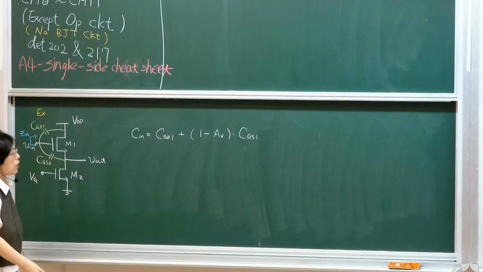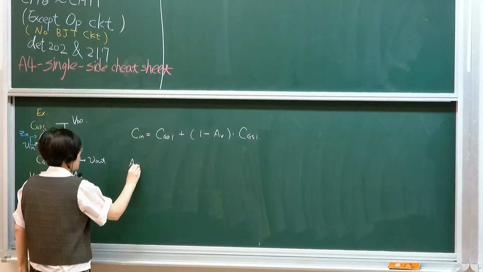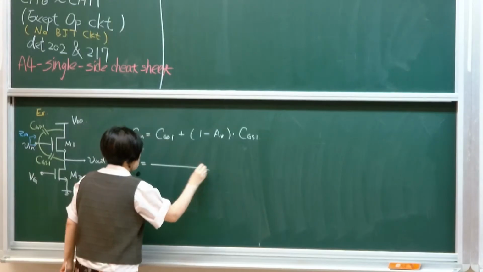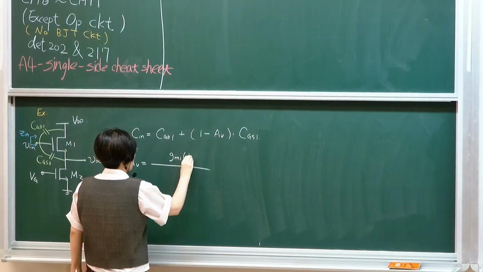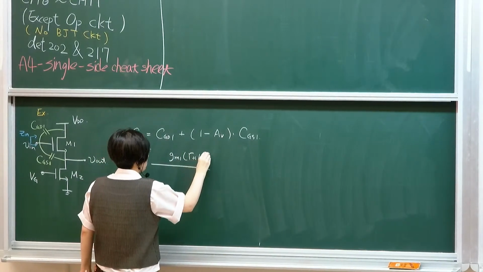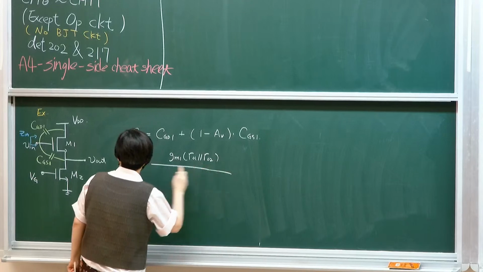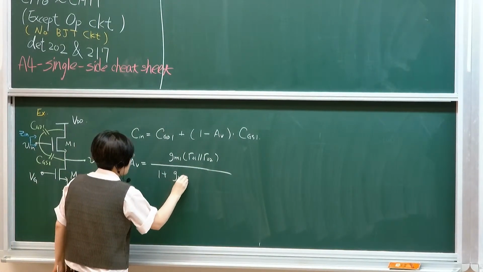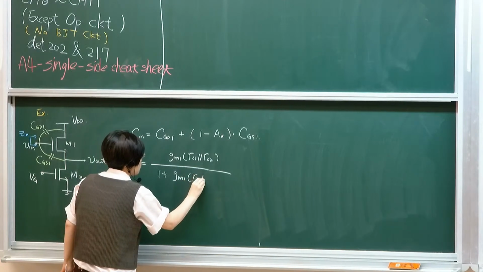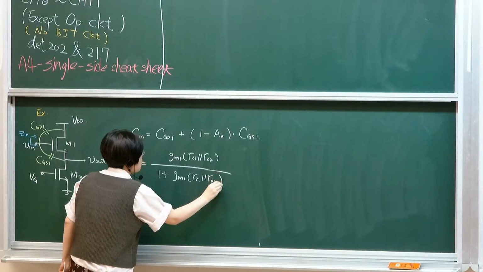Okay, so the voltage gain of the circuit is actually, remember, gm1 (ro1 in parallel ro2) over 1 plus gm1 (ro1 in parallel ro2), the output resistance at this output terminal.